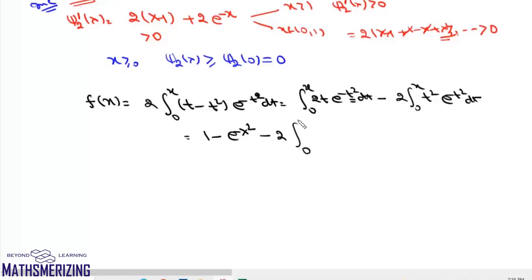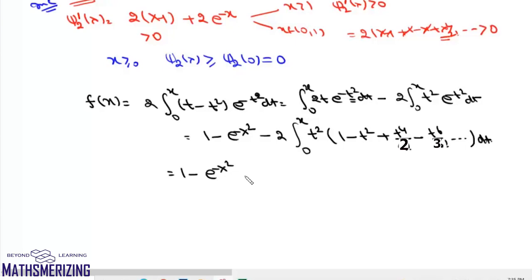and we can write this as the integral from 0 to x, and this is t square, and if we expand this e to the power function, it will be 1 minus t square plus t to the power 4 dt. So it will be 1 minus e to the power minus x square, and now this is minus 2 by 3 x cube plus 2 by 5 x to the power 4, and then here we have this minus sign, positive remainder.